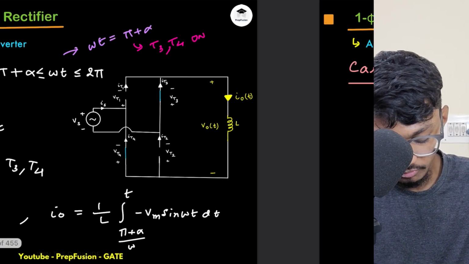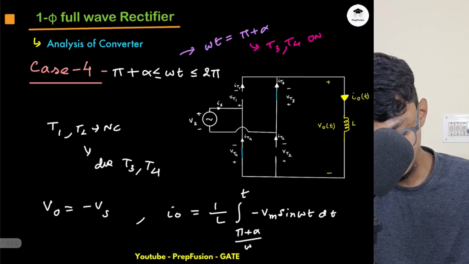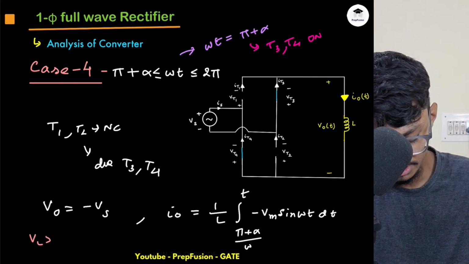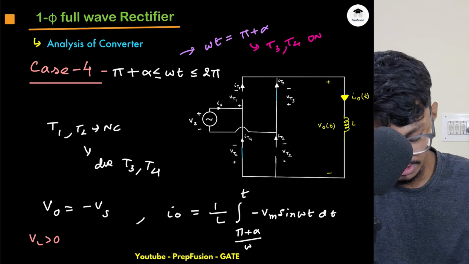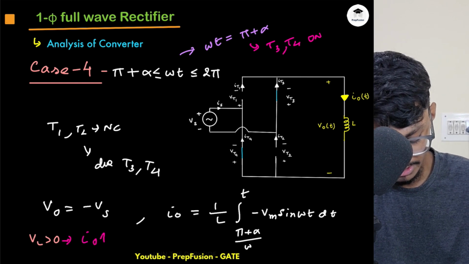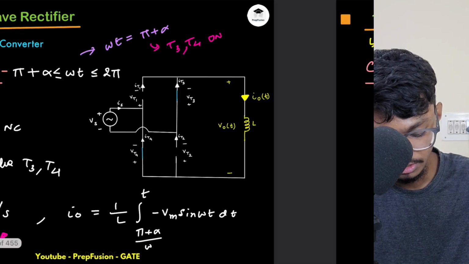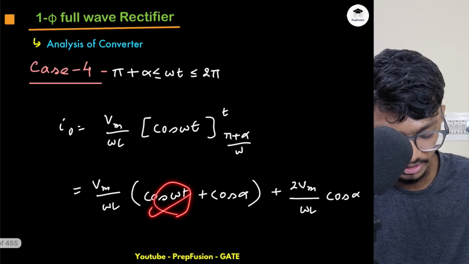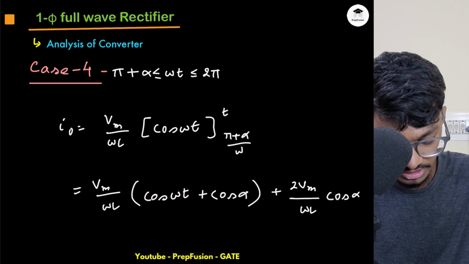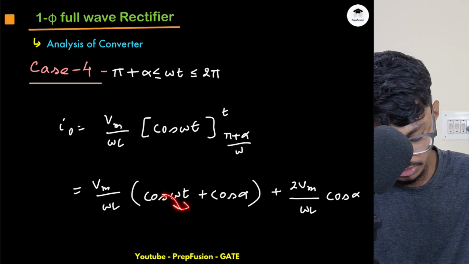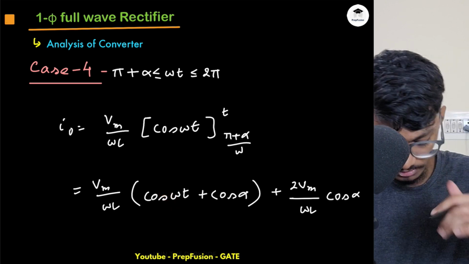And now what will happen is it will charge again. Why? Because if you observe here, VO is equal to minus Vs. That means my VL is greater than 0. So if my VL is greater than 0, IO will increase only. You can observe from the expression as well. It is cos omega t plus cos alpha. So if I increase omega t, although this thing is reducing, current should increase.